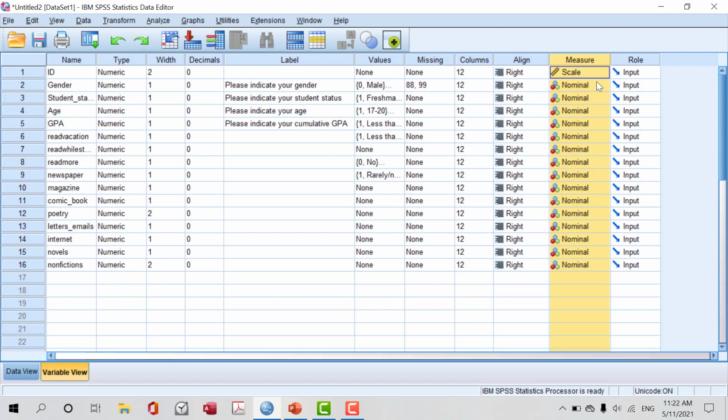So for SPSS, measures refer to nominal scale, ordinal scale, interval scale, and ratio scale that researchers have to be very confident in, in order to properly measure each item or each variable in the research.